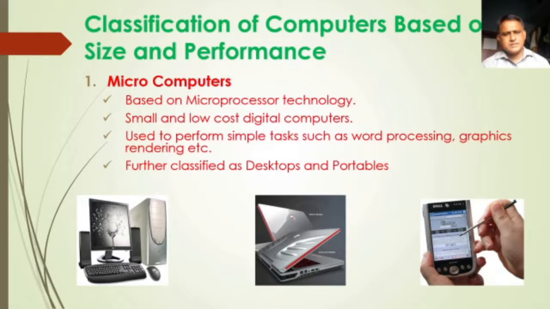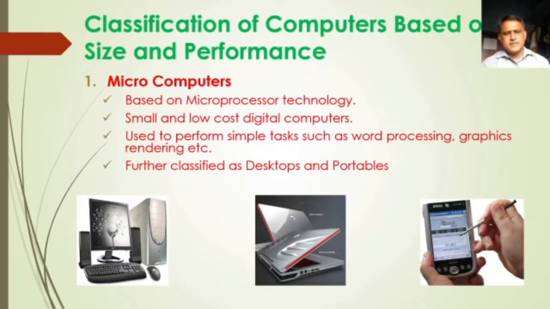And we have portables. These microcomputers are very light in weight, so they can be easily carried to different places, and normally they are supported with an internal battery, so you can work by carrying the device to any required place.